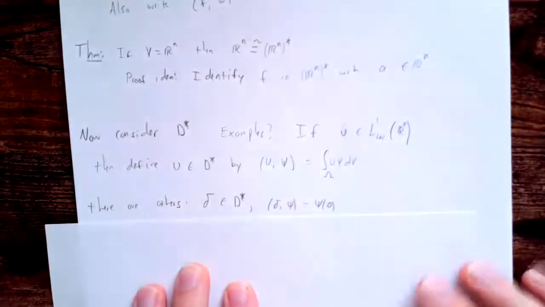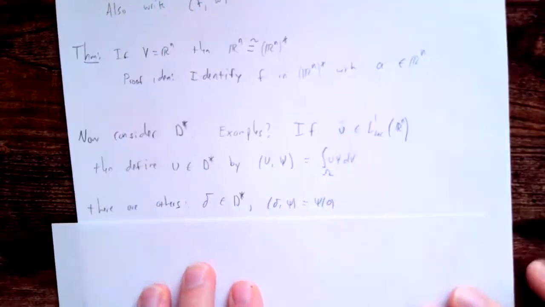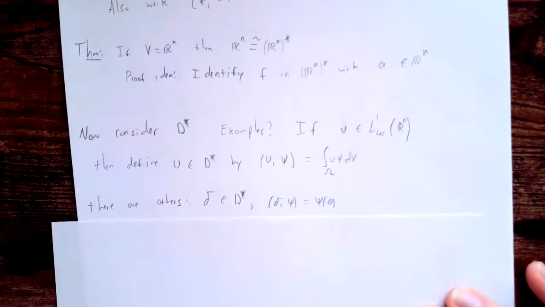But there are other elements in the dual space. It's not true that every element of the dual space is integration against a function. Here's an example: the Dirac delta. This is properly an element of the dual space of these C infinity functions with compact support.